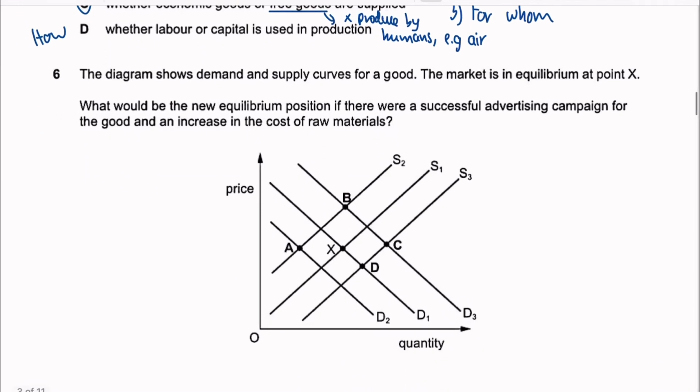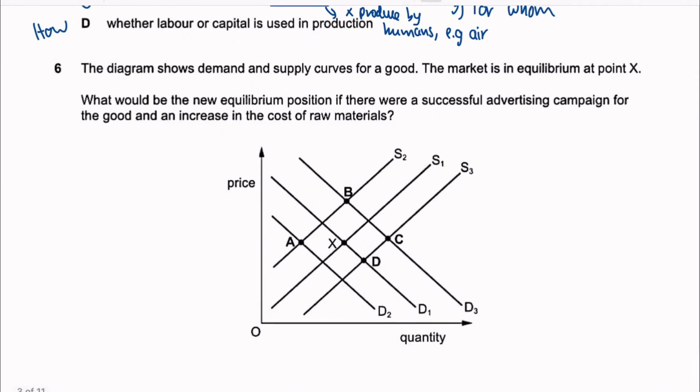Question 6. Diagram shows demand and supply curve for a good. The market is in equilibrium at point X. What would be the new equilibrium position if there were a successful advertising campaign for the good and an increase in the cost of raw materials? So first one, advertising means that there will be an increase in demand, right? And second one, an increase in cost of raw material will reduce supply.